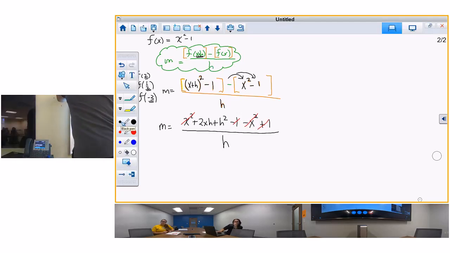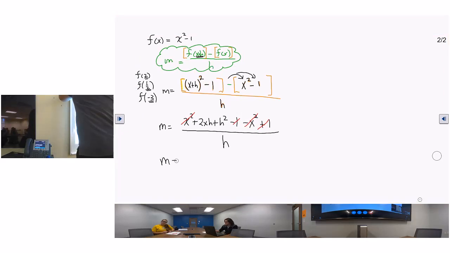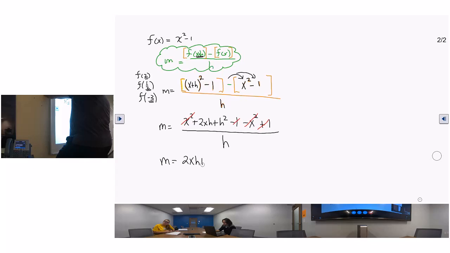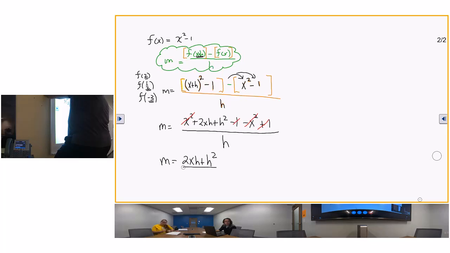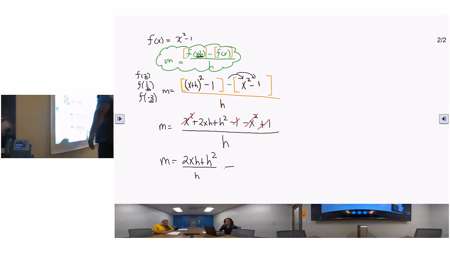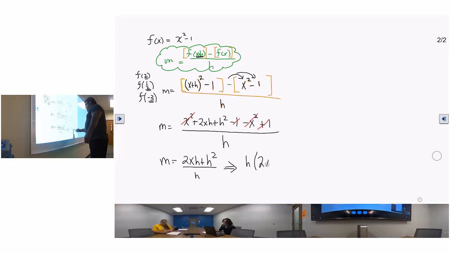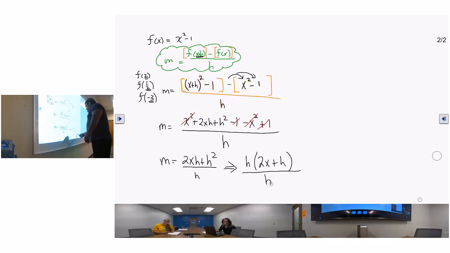So now m is equal to 2xh plus h squared divided by h. And what can we do up top? We can factor out an h. Is that normal? Yes. h times 2x plus h, over h.